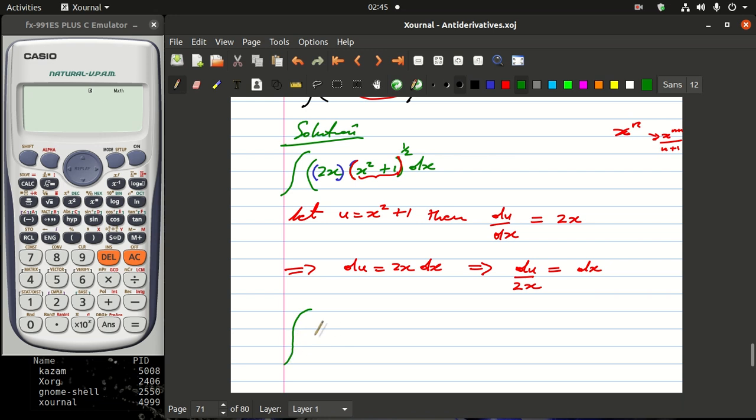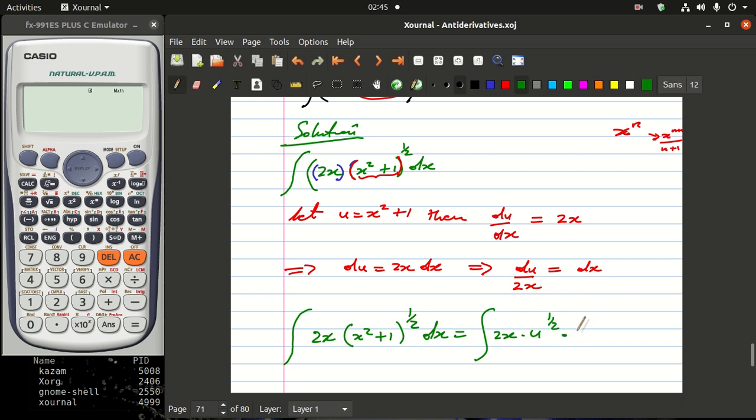Now, from this, I can simply say, using the substitution rule, that I have my 2x times x squared plus 1 raised to 1 over 2 times dx, which is the same as a 2x. This x squared plus 1 is the same as u, so I'll have a u raised to 1 over 2 times dx.